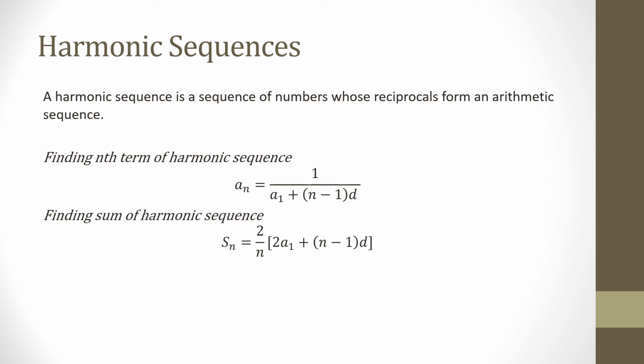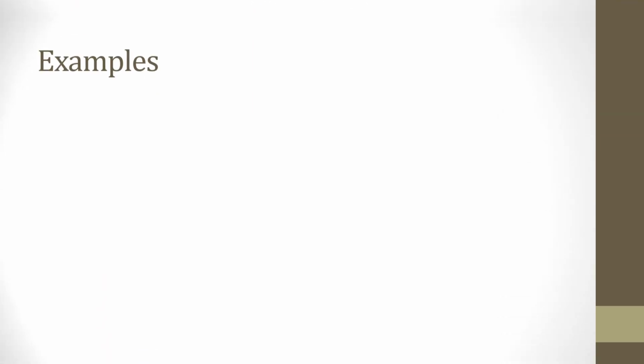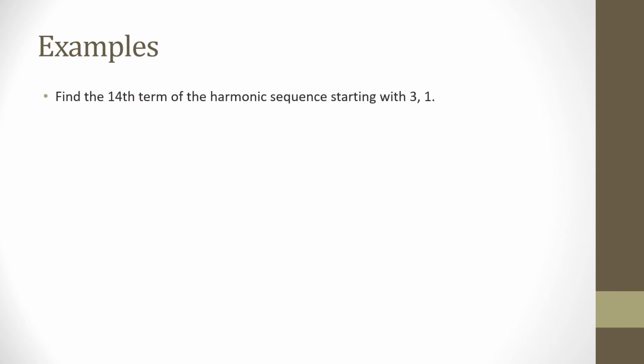So, let's have an example. Find the 14th term of the harmonic sequence starting with 3, 1. Okay? So, first step, get the arithmetic sequence. Dahil sabi ko nga, harmonic sequence is the reciprocal of arithmetic sequence. So, baliktarin natin si 3 and 1. Paano? So, reciprocal.